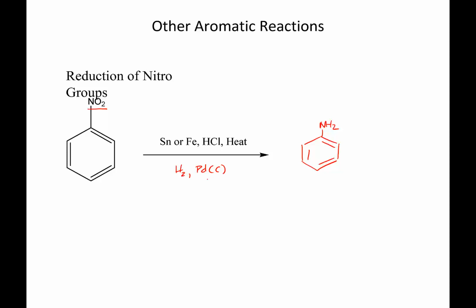Whenever you see Pd parentheses C, what that means is palladium's really expensive, and so is platinum. So instead of just dumping chunks of metal in, which would be super expensive, when all I want is the surface of those pieces of metal to react, they basically adsorb the palladium or platinum onto the surface of a charcoal or carbon bead.